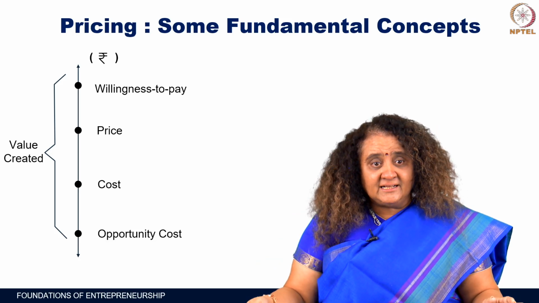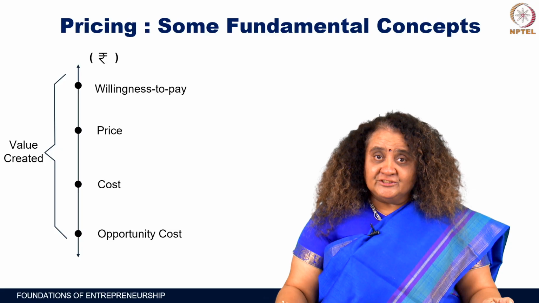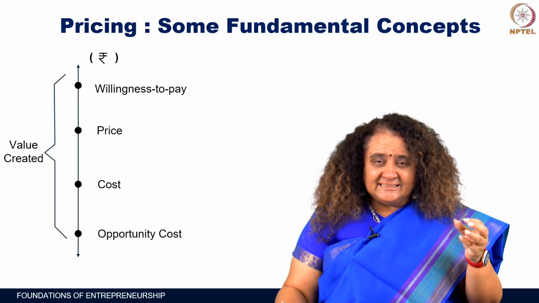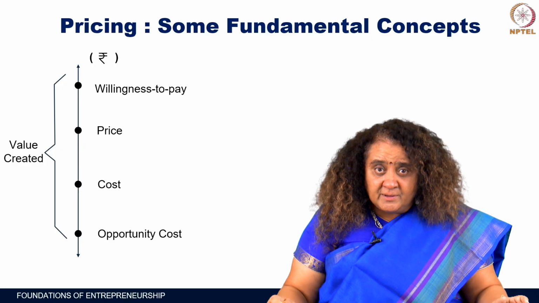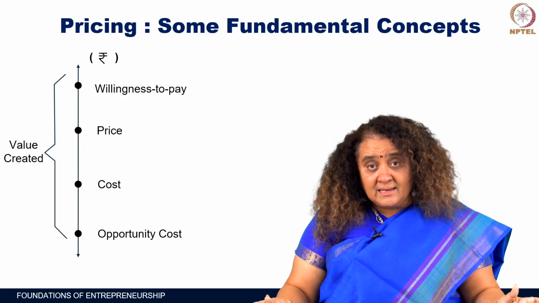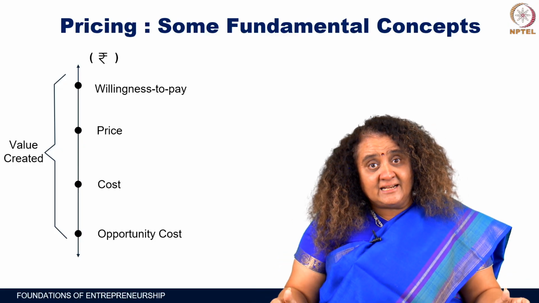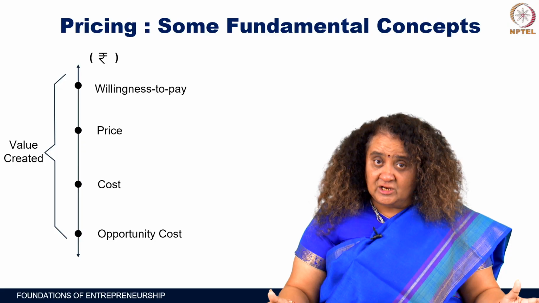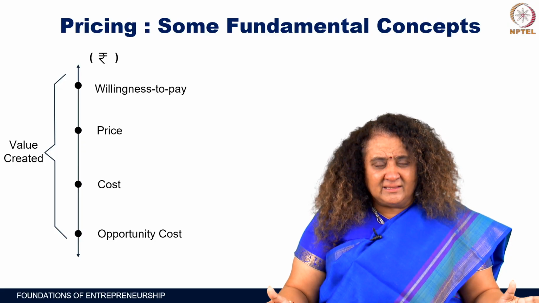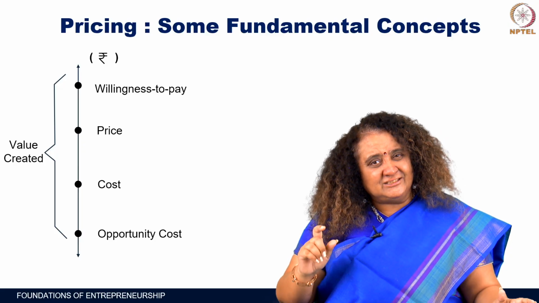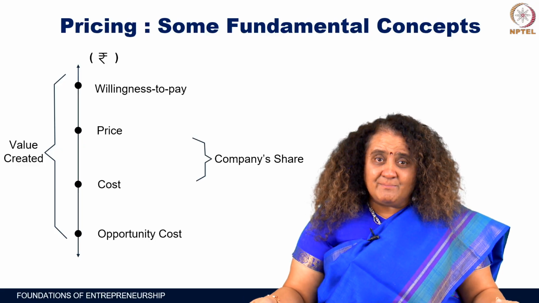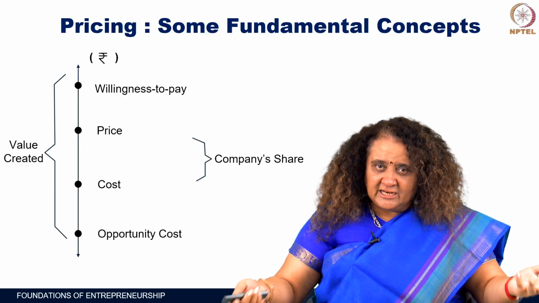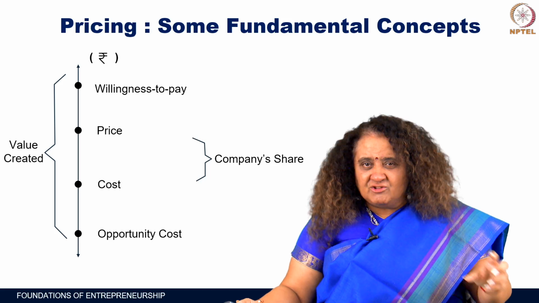The other side is an opportunity cost. So, for example, a vendor is selling me the strap for this watch at X rupees. She may have been willing to sell it at lower had I negotiated harder or whatever the reason may have been. So, that is called an opportunity cost. And here the difference between price and cost is profit, we already knew that, that is the company's share.